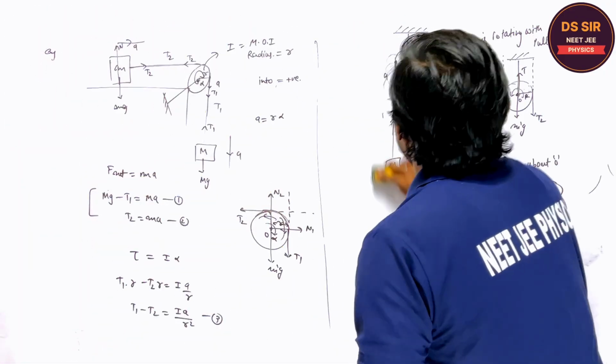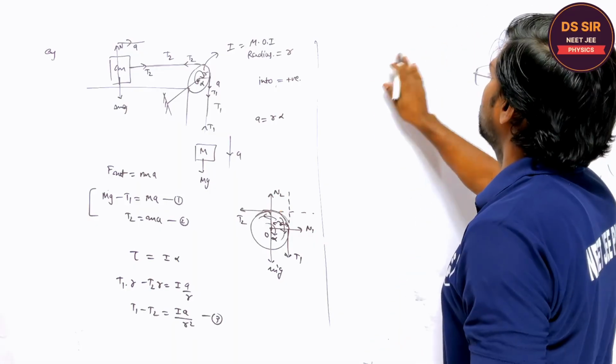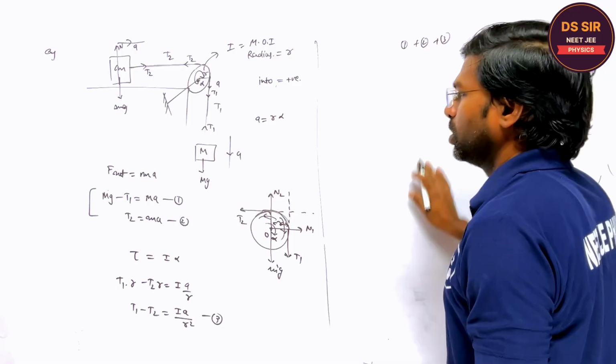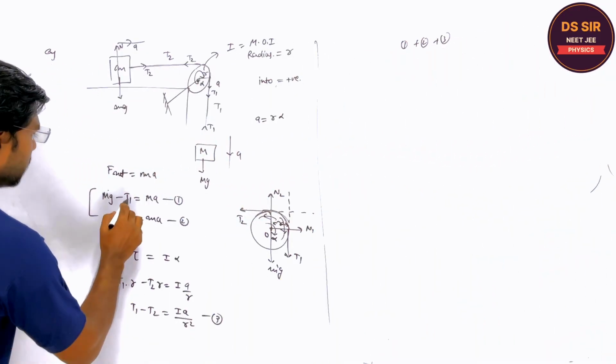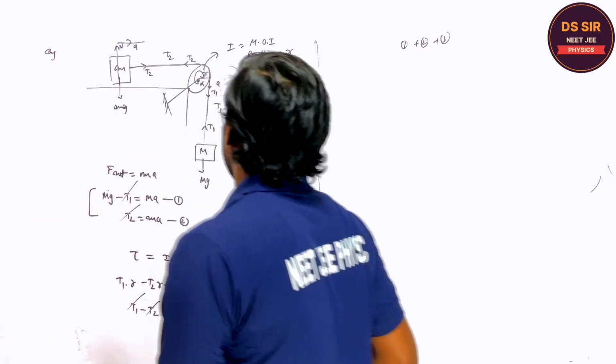So when you add equation number 1, 2, 3, you will get the acceleration. When you add 1 plus 2 plus 3, T1 will cancel out, T2 will cancel out. So what will be the force only?